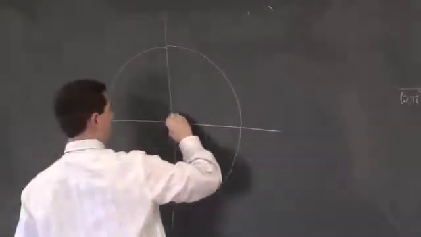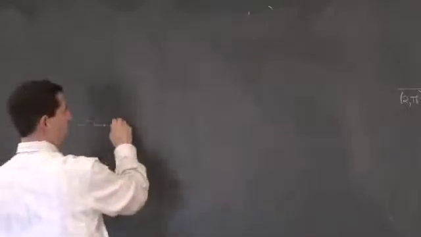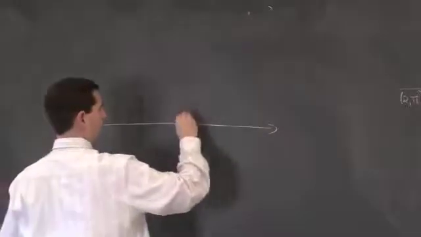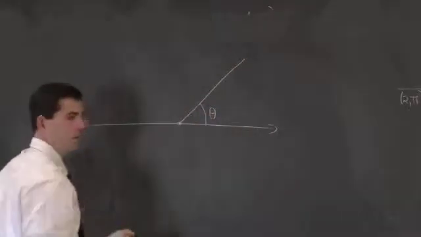Let's say I don't really need a circle here, so let me redraw this without the circle. Let's draw our polar axis, and I'll pick an angle, let's say theta.